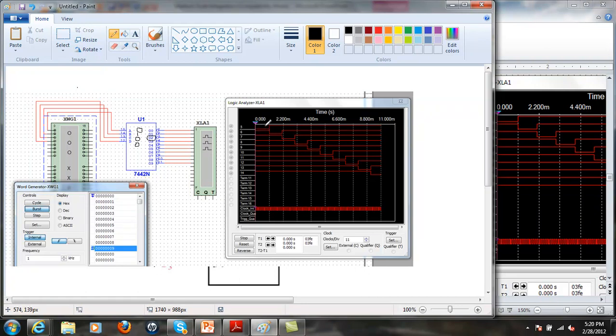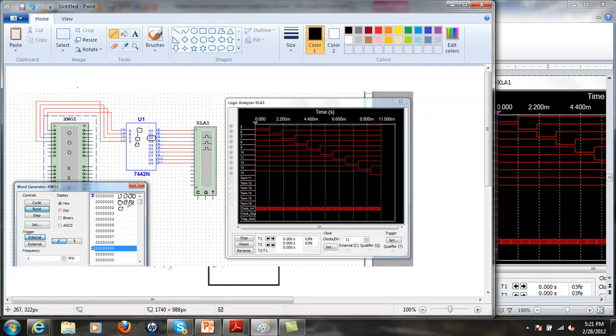So the output here, as I cycle through the inputs going from 0 through 9, so this is a hex number, so these are activating these binary inputs as a 0, 0, 0, 0, 0, 0, 0, 1, 0, 0, 1, 0, and so on.